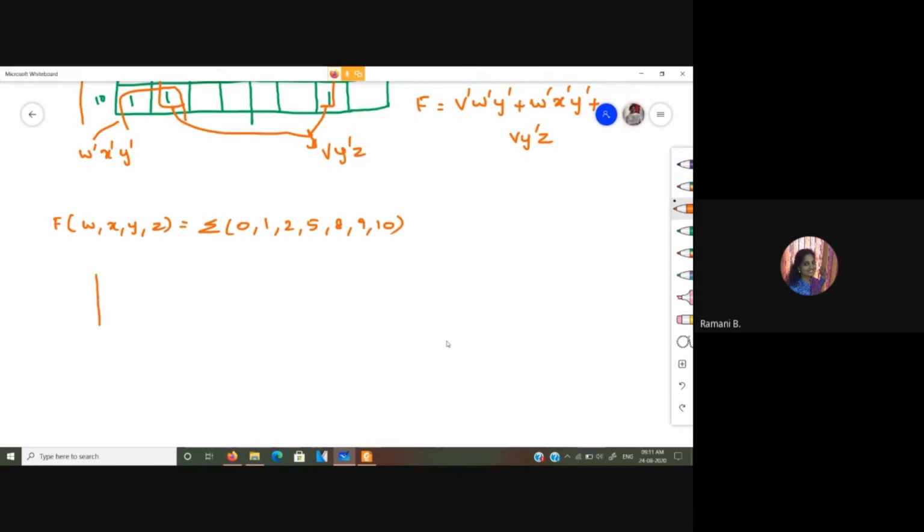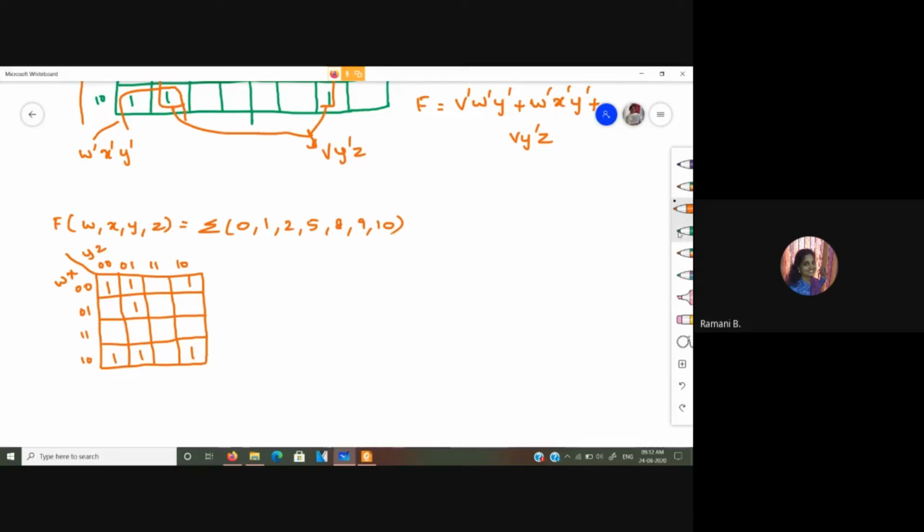So having the 4 variable K map for this, with w x y and z, and minterms 0 1 2 5 8 9 10. This is what we are having, and forming the groups. First let me take all the corner ones.